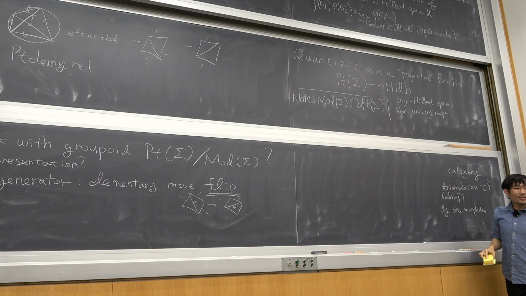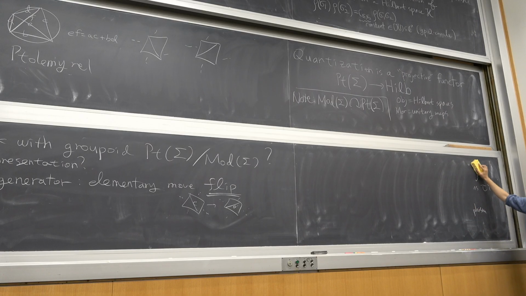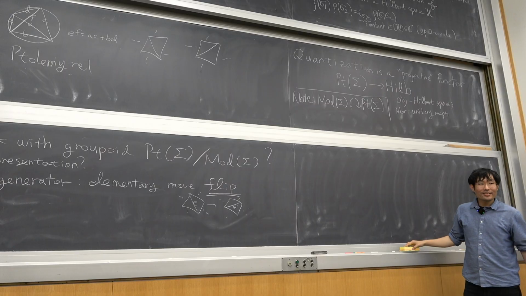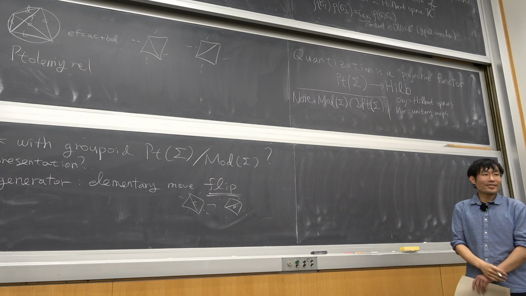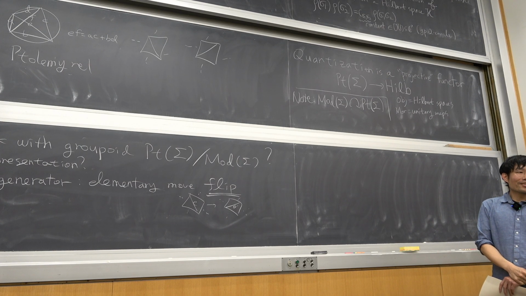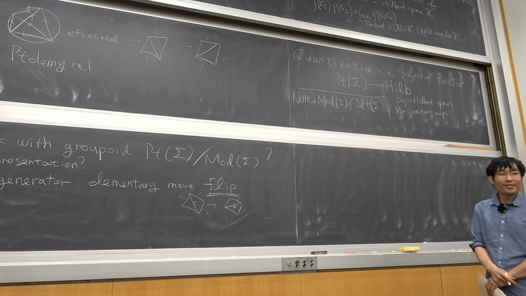When the puncture is only one, I mean, you can count the number of edges at the puncture. Yes. If you have 2 or 3 punctures, then you cannot do with the isomorphism of the triangulation by the action of the mapping class group.